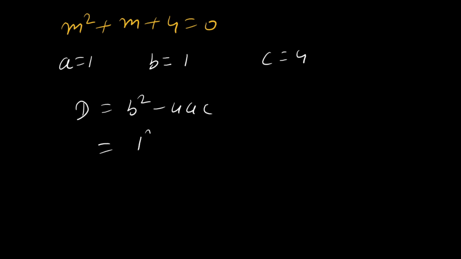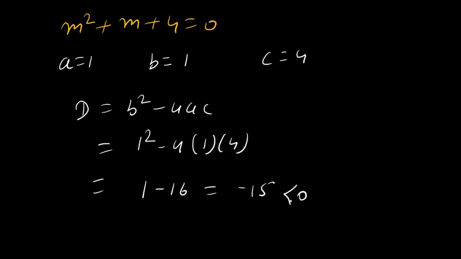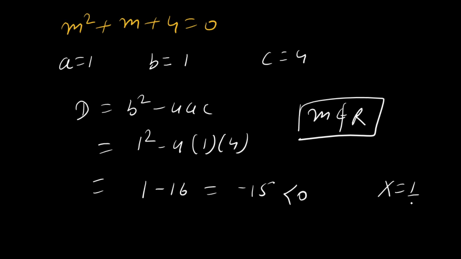Value of b is 1 square minus 4 times a, that is 1, and c is 4. Then 1 square is 1, 4 times 4 that is minus 16, and this is minus 15. It means discriminant is less than 0. So here m does not belong to real number. It means our real solution is only x is equals to 1 over 2.